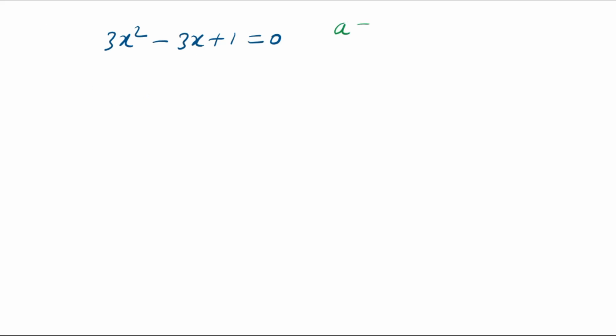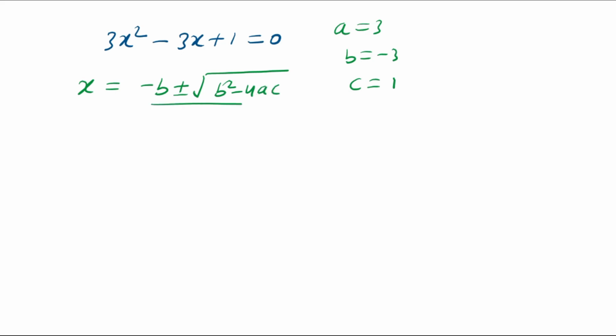Value of a is equal to 3, value of b is equal to minus 3, and value of c is equal to 1. And we know the quadratic formula: x is equal to minus b plus minus square root of b square minus 4 times ac, over 2 times a.